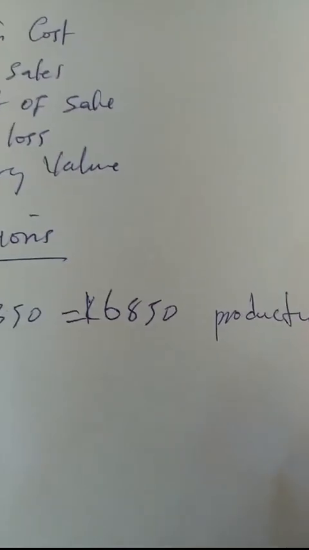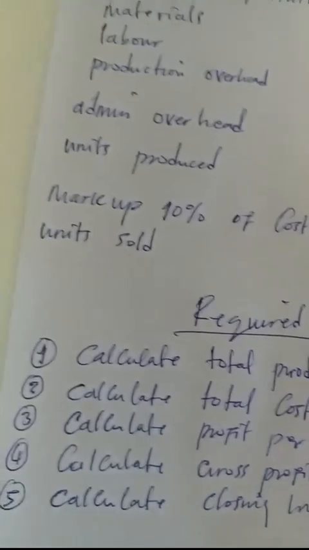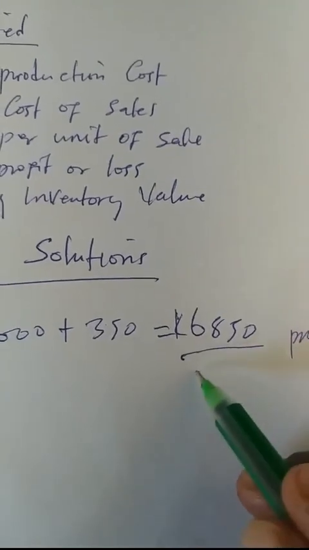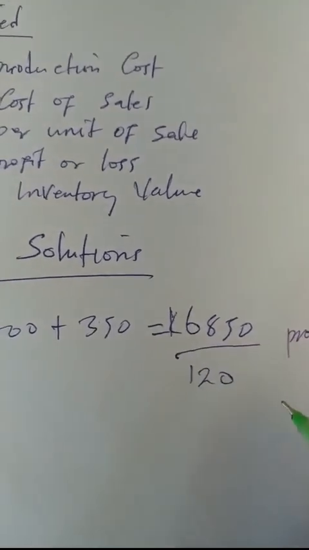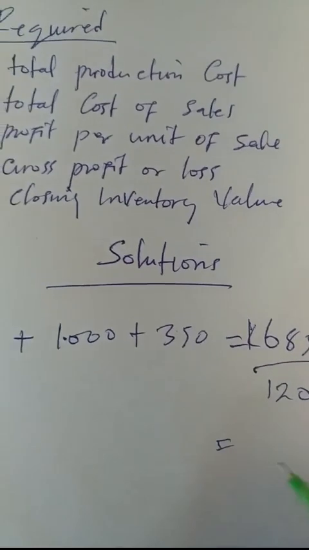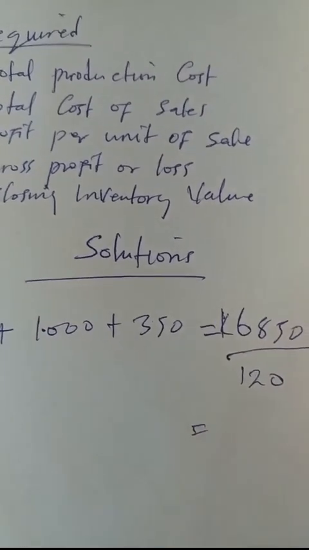Now per unit, our question is saying units produced were 120. So per unit, production cost is going to be, you divide by 120, then it will give you the answer.